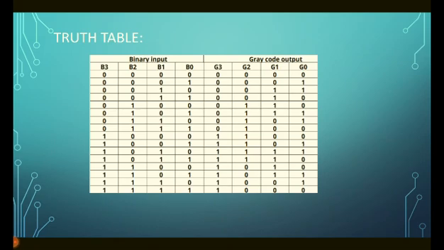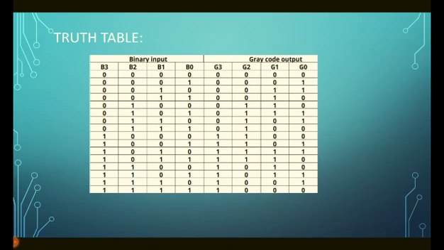When you give input value for B3, B1 and B0, you get output value for G3, G2 and G1. When you give input value for B3 and B2, you get output value for G0 and G3 and G1.